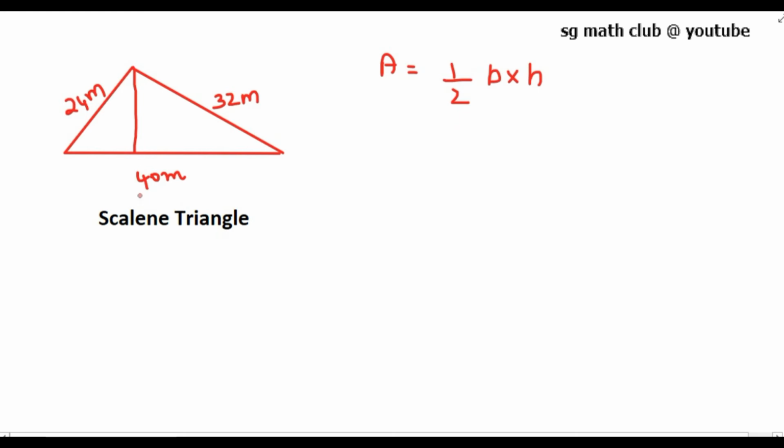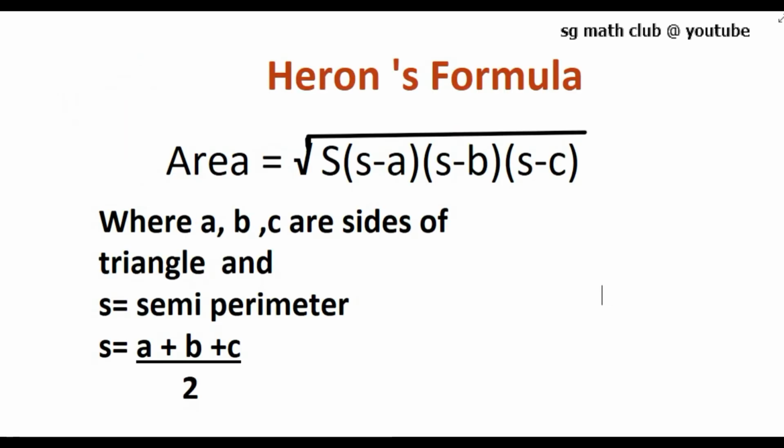So at this time, the famous mathematician named Heron found out a formula to calculate the area of a triangle when its three sides are given. The formula given by Heron for the area of a triangle is known as Heron's formula.